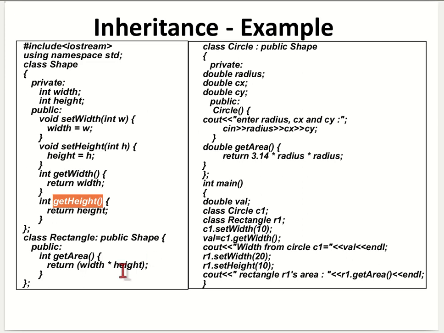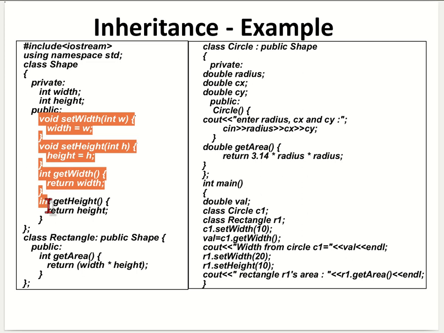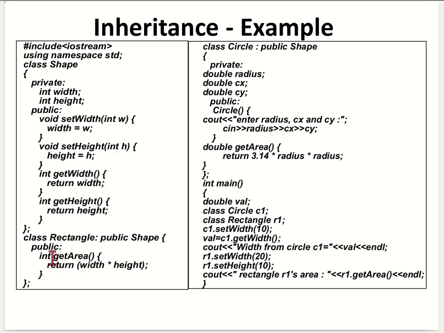We have another class, the derived class rectangle, which is inheriting from shape. What will happen if I mention it as public? All its public functions will be available in the public section of this rectangle.